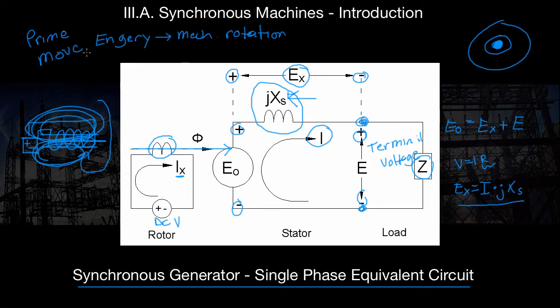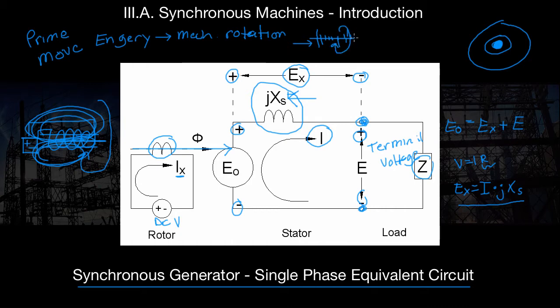Okay, so our prime mover is mechanically connected to our rotor. If this was our electrical diagram, we could draw a mechanical diagram something like this. We could have one big turbine, which is like one really big fan with a lot of blades, where steam comes in here, hits these blades, and causes the turbine to rotate.